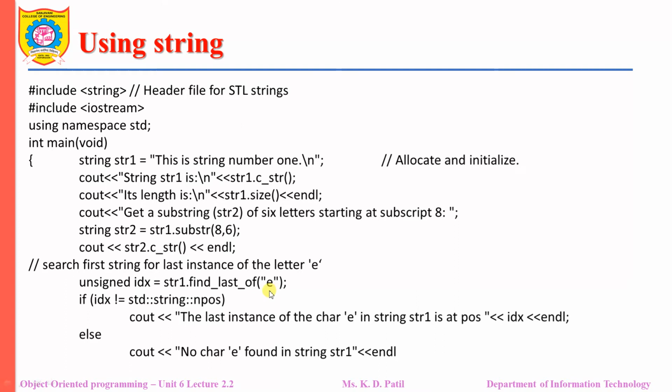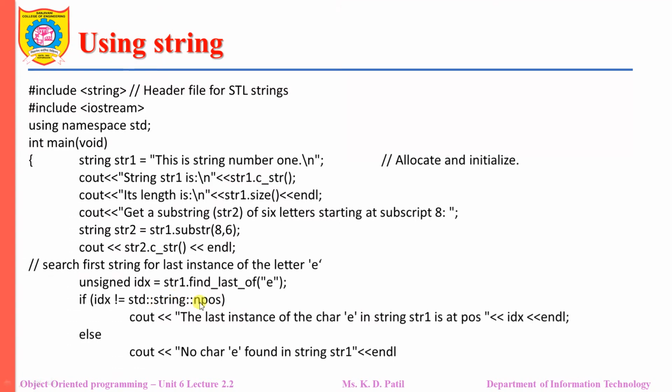For that I just need to check whether such a character is available in my main string or not. So for that I will write an if statement. I will check whether the index is equal to no position, that is npos, which is again a member of the string class.